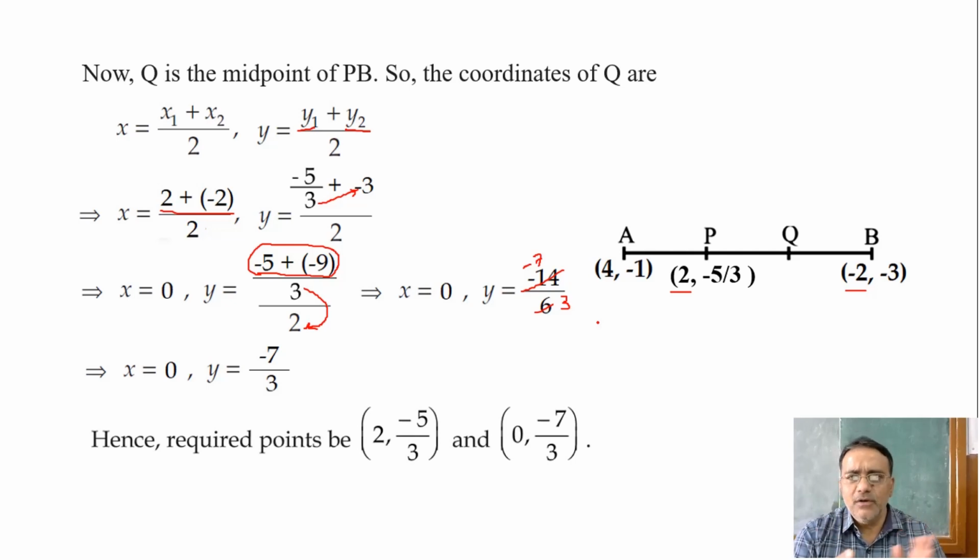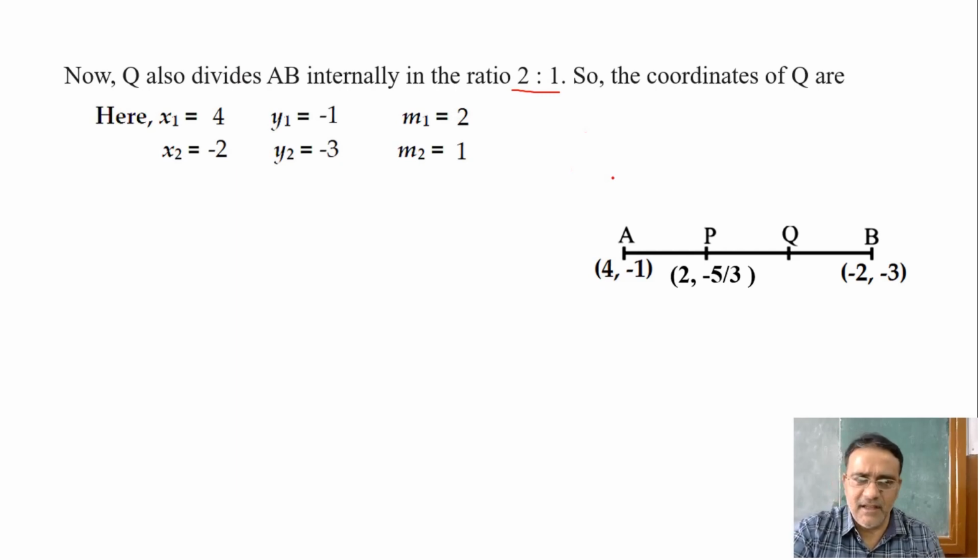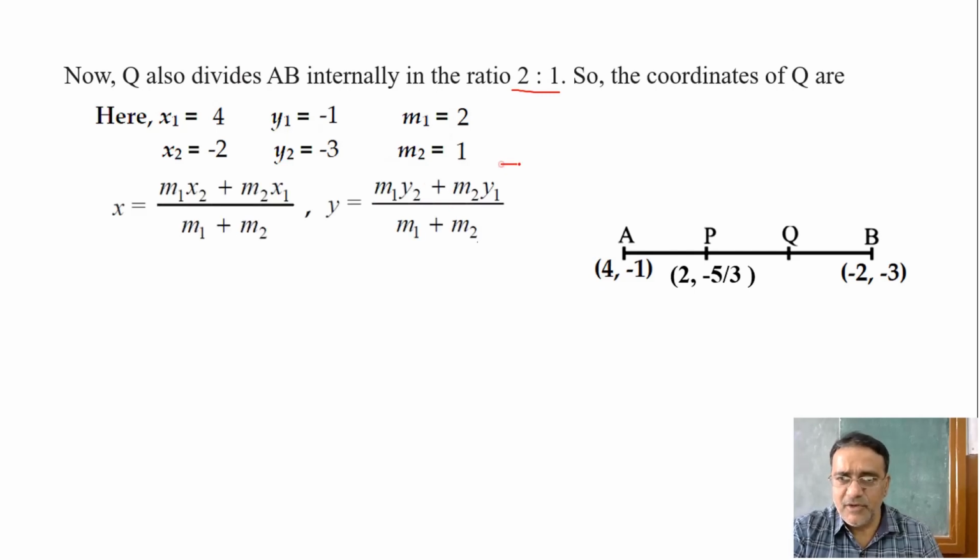Now we are going to find Q by using the ratio method. Look carefully, the ratio is 2:1. We write x1, y1, x2, y2 and m1, m2. We know x is (m1 x2 plus m2 x1)/(m1 plus m2), and y is (m1 y2 plus m2 y1)/(m1 plus m2). The formula is not mandatory to write again, since we already wrote it in the first part.